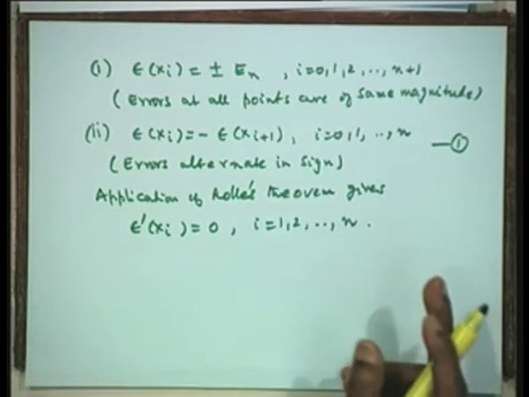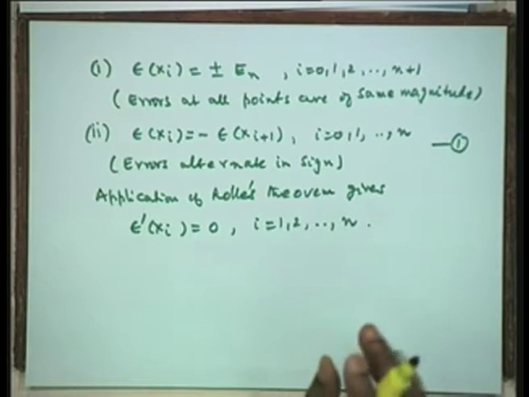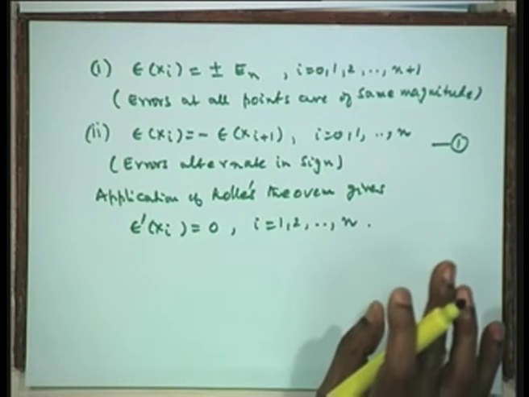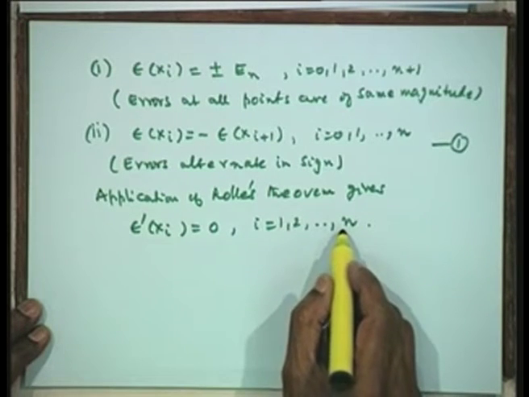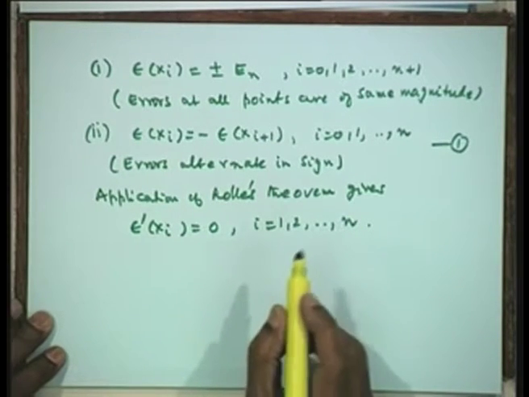There are a total of n plus 2 points, and the errors at all these points are same in magnitude, and hence Rolle's theorem can be applied, and you will have n intermediate points at which the errors will be equal to 0.